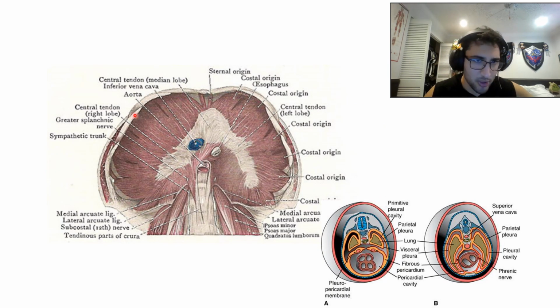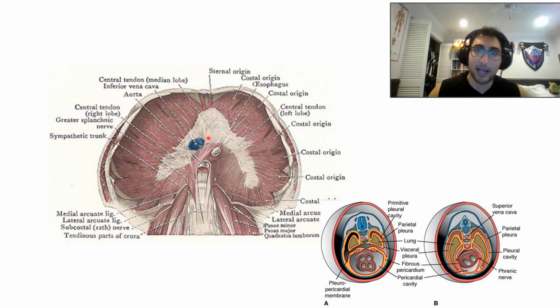And here I just want to show you what the diaphragm is going to look like. So here we have an opening for the superior vena cava. Notice how here there's the superior vena cava, and you have the esophagus opening, esophageal hiatus. Notice here, this is the gut tube, this yellow endoderm right here. So notice that it keeps its embryonic configuration, right? Where superior vena cava was higher than the endoderm, and the endoderm was higher than the aorta.